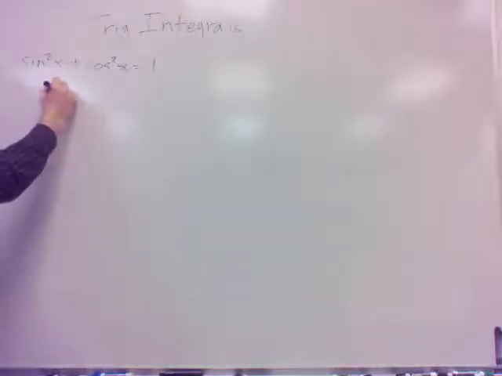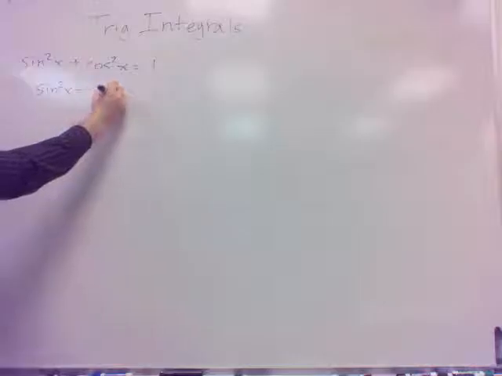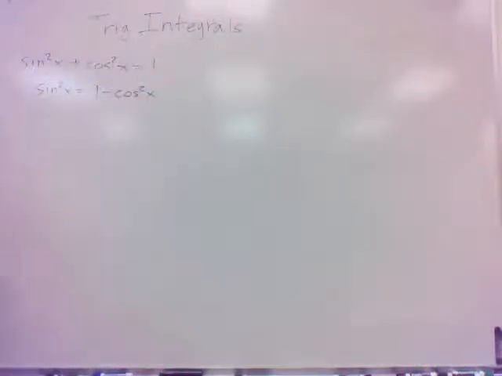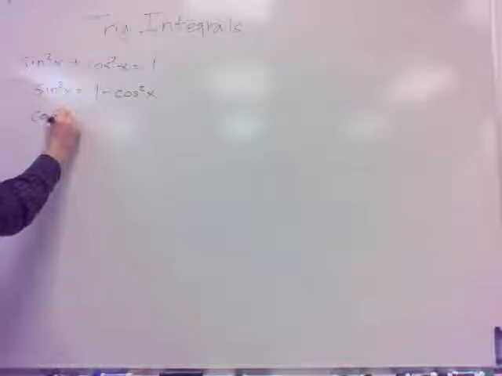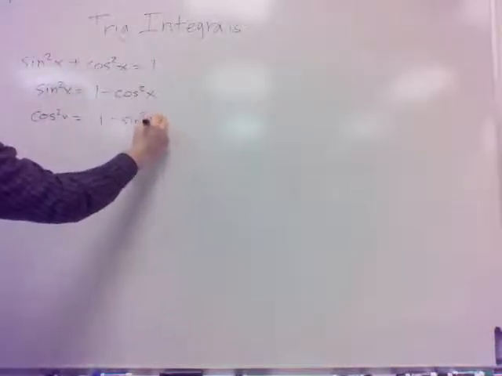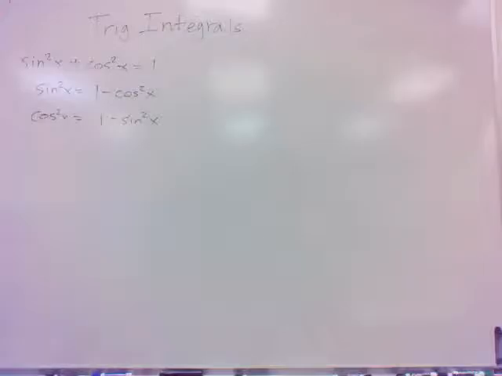Sine squared would be what based on that? 1 minus cosine squared, or vice versa? Yeah. Cosine squared would be 1 minus sine squared. Okay. So those are going to be important forms to us, but they just come from the identity there, right? Subtract whatever over.